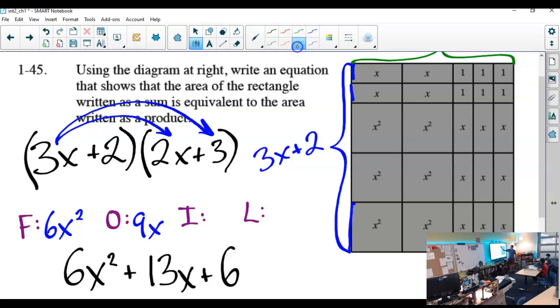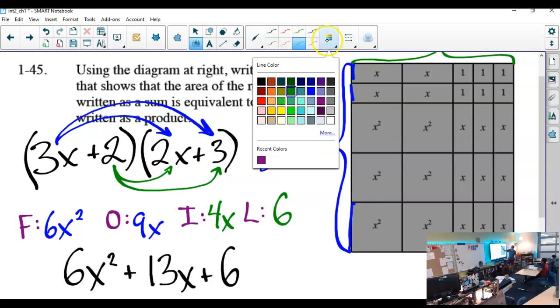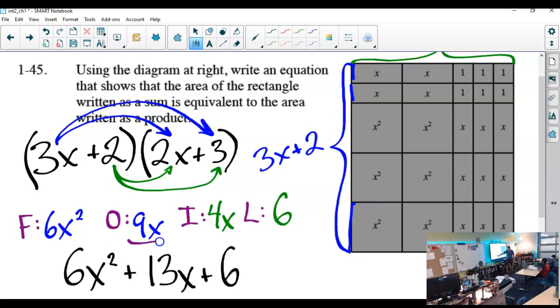Now we go to the 2 getting distributed. 2 times 2x is the inside terms, 4x. 2 times 3 is 6. And when we combine our like terms, 6x squared plus 13x plus 6.